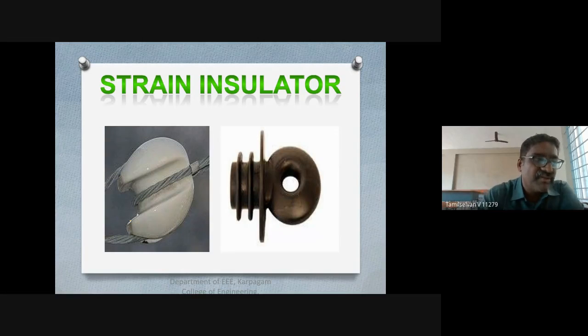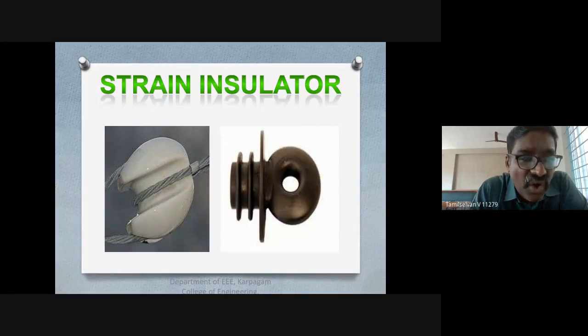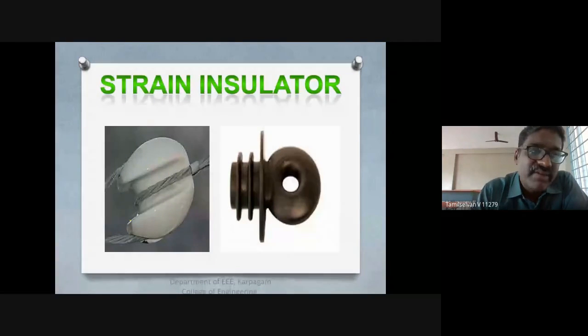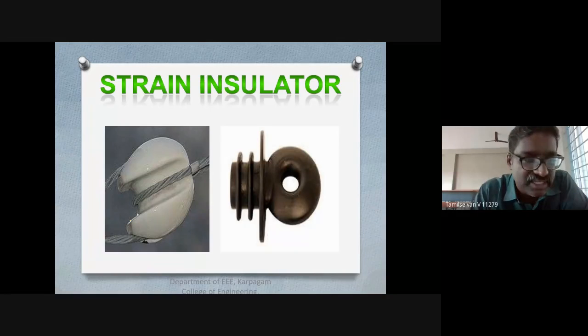So if you want to relieve this tension, then you have to use these strain insulators.